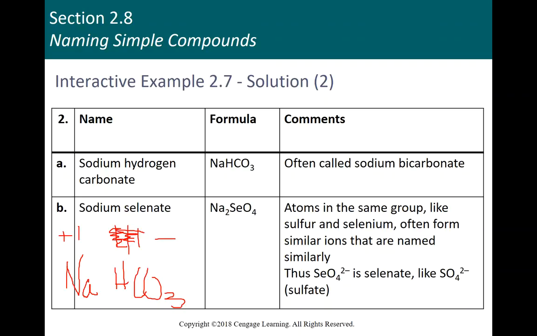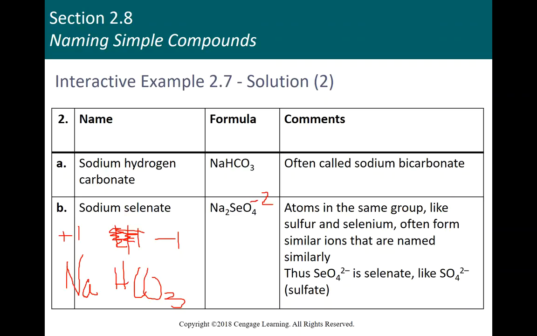That's okay, those balance each other out, so it's simply sodium hydrogen carbonate. Now on the other one, the selenate polyatomic ion has a -2 charge, so you need 2 sodiums to balance out that -2 charge on the selenate.